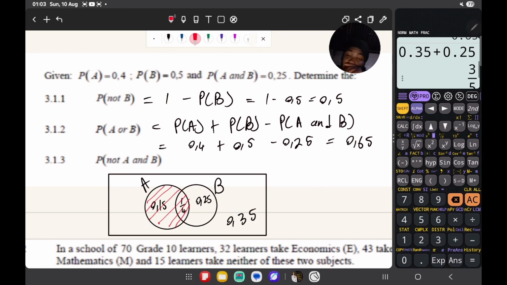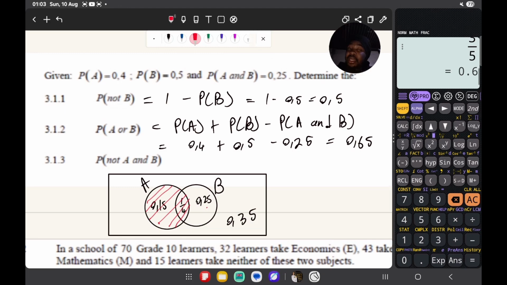We get 0.6 by adding these two. Of course you can also get it by saying 1 minus the probability of A, which is 0.4, and you still get 0.6. That's the probability of not A.